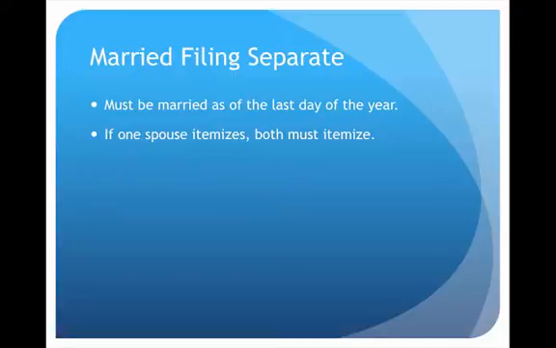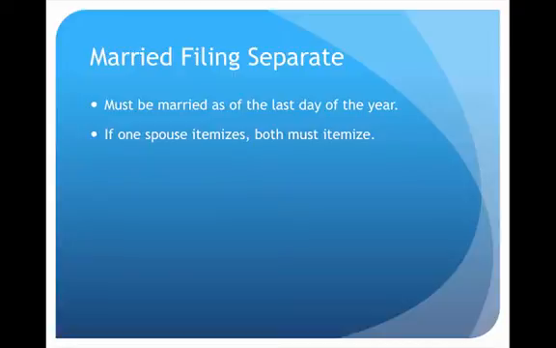If you were married on December 31st, it is as if you were married the entire year in terms of filing status. And of course, if you choose to file separately, you're going to get a standard deduction that is the same as the single person's standard deduction, which happens to be the lowest one.